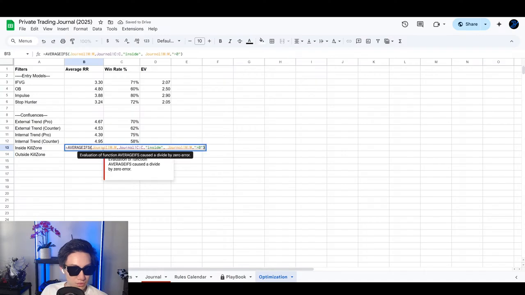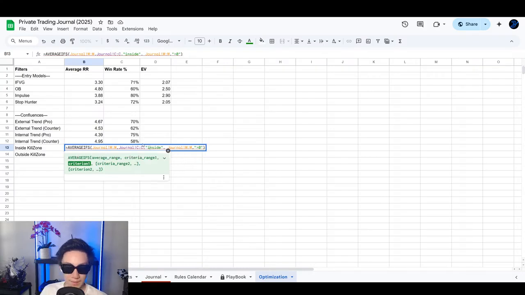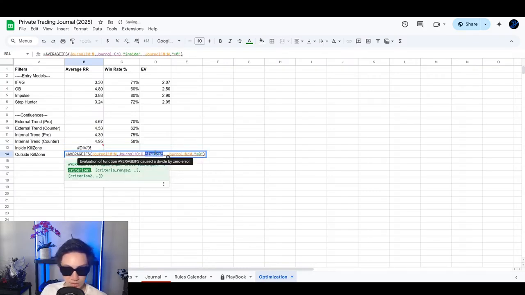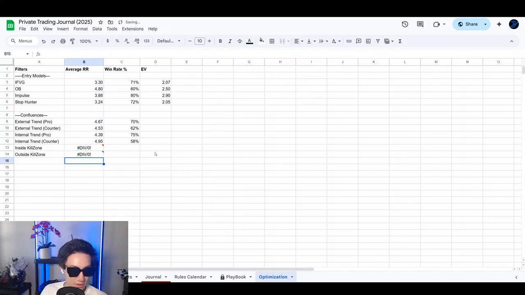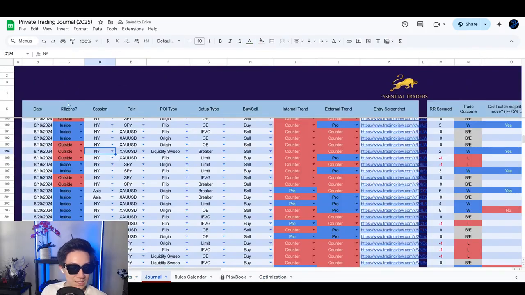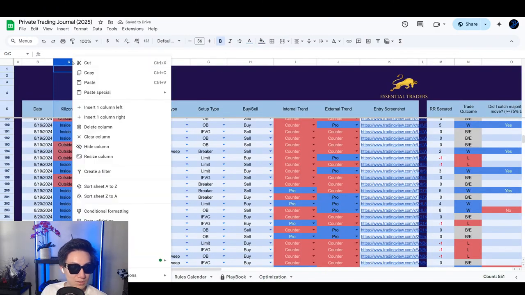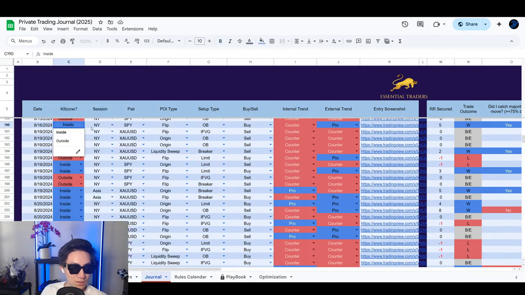That is weird. Okay, I'm going to have to look into this part. See if outside works. It's probably not going to work here. Seems like something is wrong with the C column here. It might be because the C column is locked. If it's a locked column, you might not be able to access it.